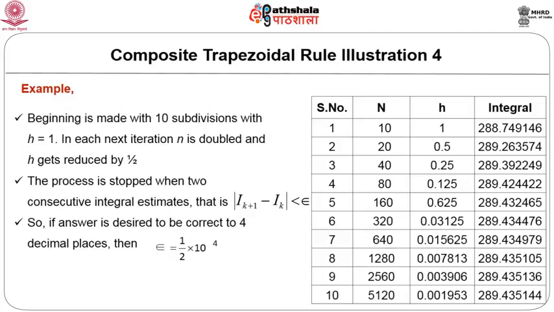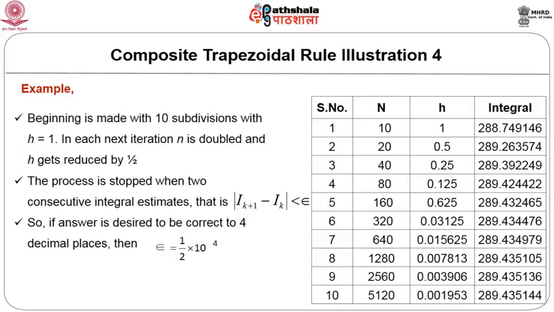Next, the number of divisions again became double, so 40, h became 0.25, and the value of the integral came out to be 289.392249.